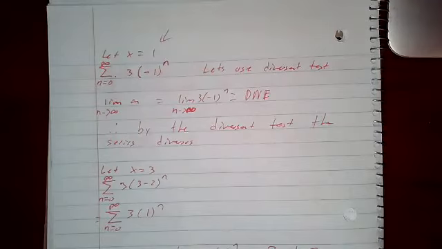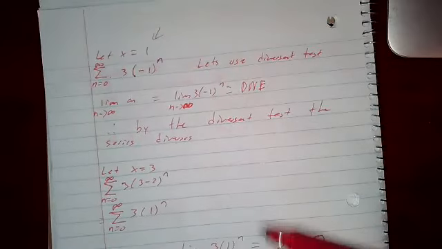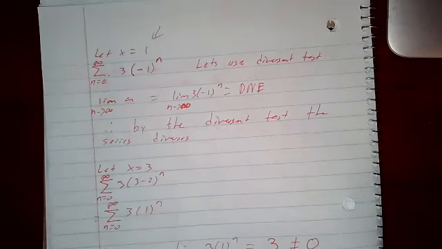You could have said that geometric rule says if r is 1, then it diverges. Could have done that, but I think the divergence test should always be done first, because the limit should be something that you're good at.